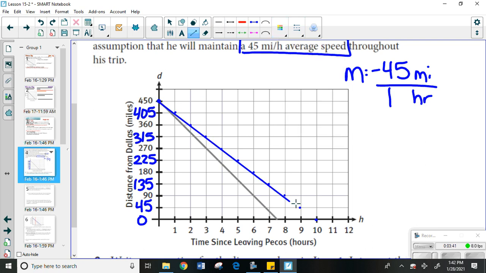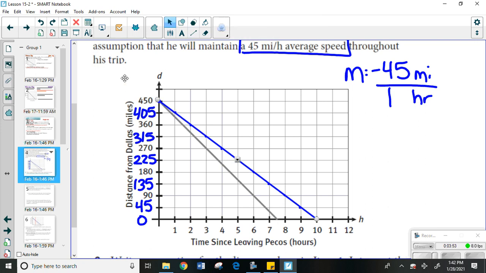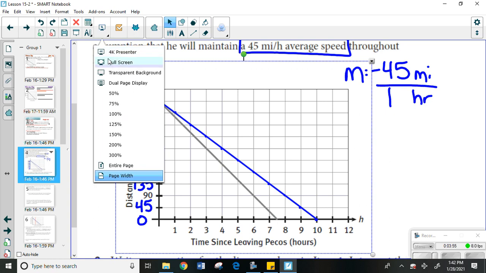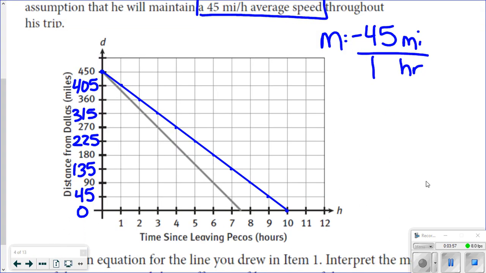You want this to be as straight as possible. Because these numbers are going to be important to us.